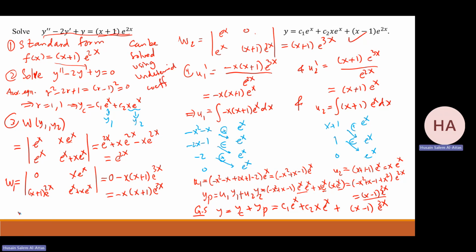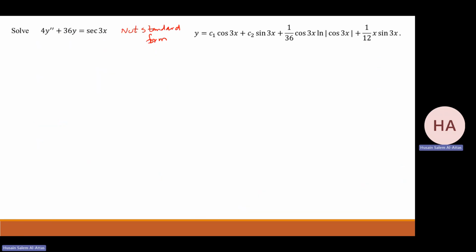Why? Because f of x, I can't deal with it using undetermined coefficients. Can I deal with secant 3x? No. So we are forced to use variation of parameters in this case. We cannot use undetermined coefficients in this example.